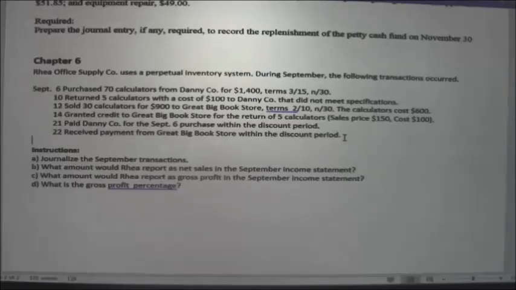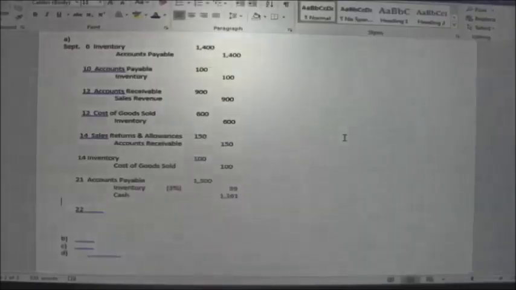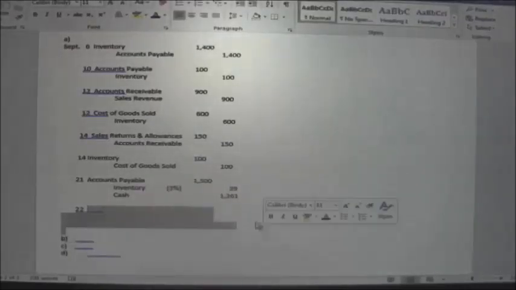So we received payment from them, and they also paid within the discount period. So what does that mean? That means the accounts receivable that they owed us is going to go down, so that's going to be a credit. We received cash, so that's going to be a debit, but we also gave them a sale discount. So we're going to debit that account.